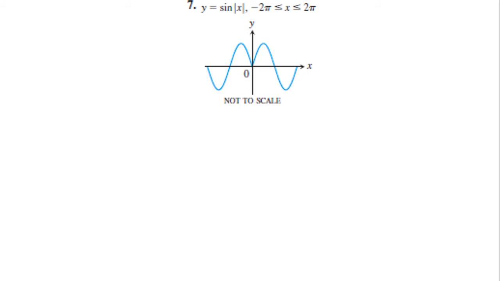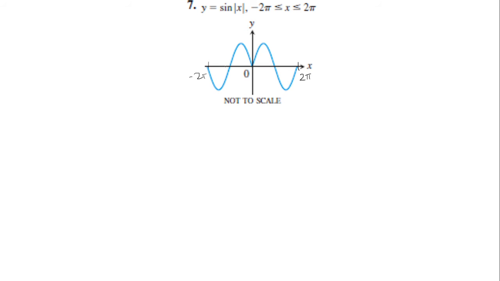So this one, we have an absolute value, and finding the derivative of absolute value is tricky. So let's try to use the graph to figure this out. We know that sine of x has a period of 2 pi. So this thing is going to go all the way up to 2 pi and negative 2 pi.